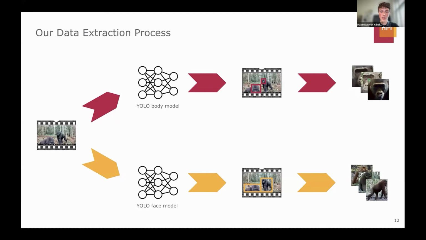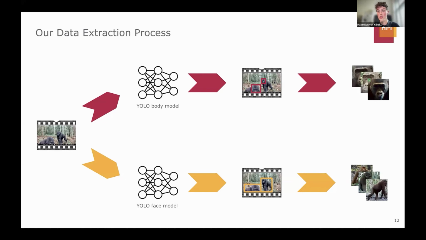And for this, the solution is the YOLO detection models, which we fine-tuned on our custom data set to extract bounding boxes around the gorilla instances. This especially filters out non-informative frames, which can definitely happen, of just recordings of the empty jungle. And then it also focuses the input on the relevant regions, thereby improving the data quality for downstream processing.